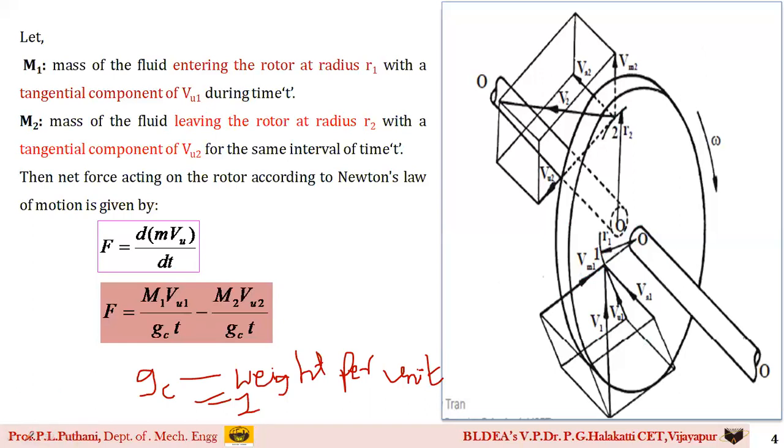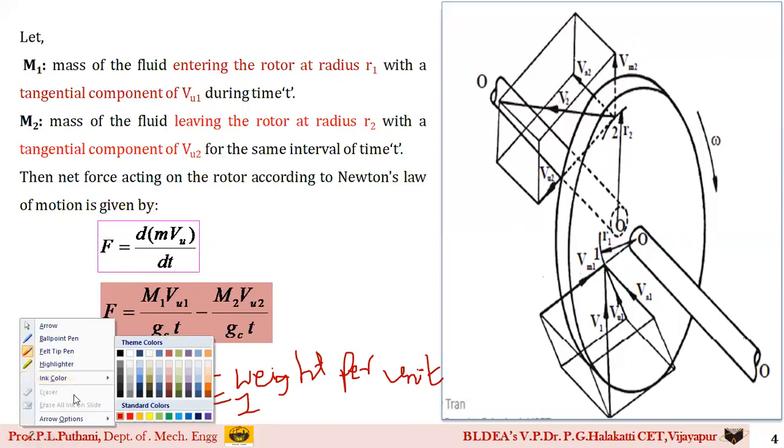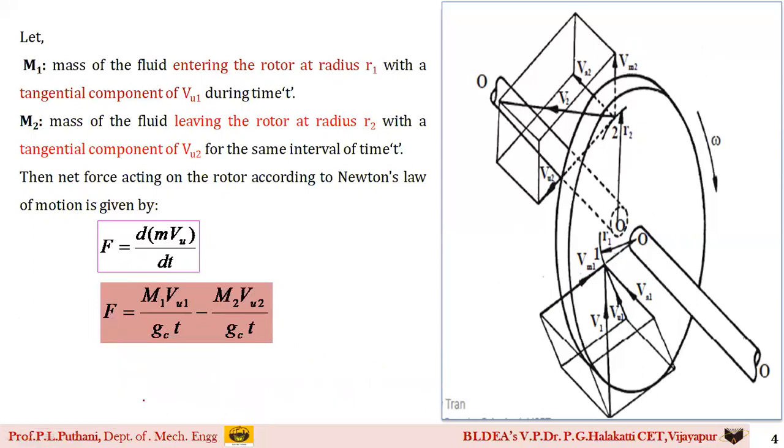So I say once more, please do remember that the term gc is with respect to energy per unit weight. You may think that gc means acceleration due to gravity.